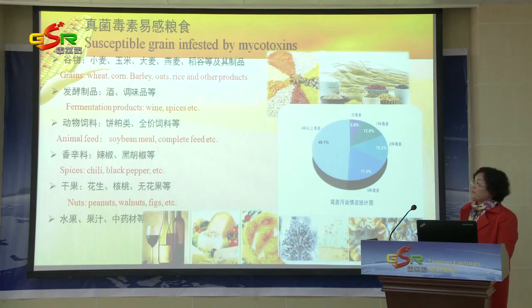Another is animal feed: soybean meal, complete feed, etc. And after we eat, we use spices, such as cherries, black pepper, etc. Another is nuts: peanut, walnut, fig, etc. Then there are melons and juice. The juice is used in Chinese medicine, etc. Many grains and foods can be infected by mycotoxins.